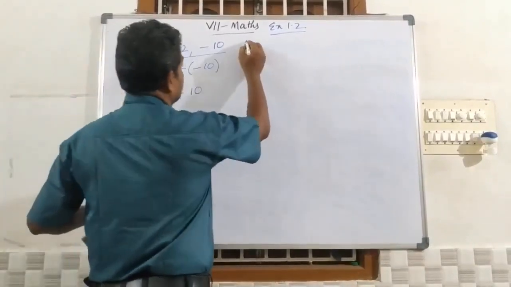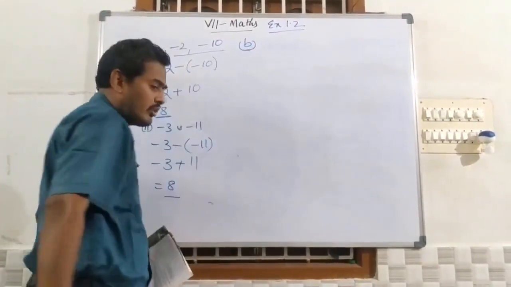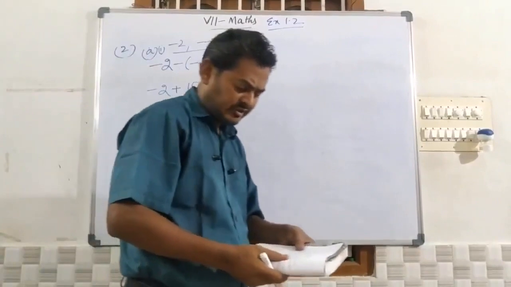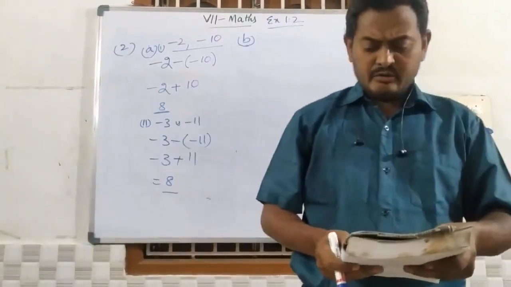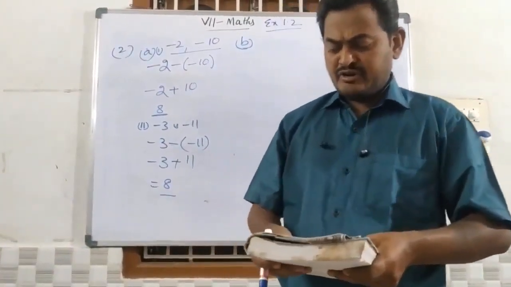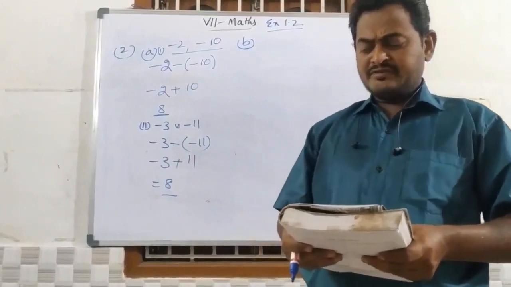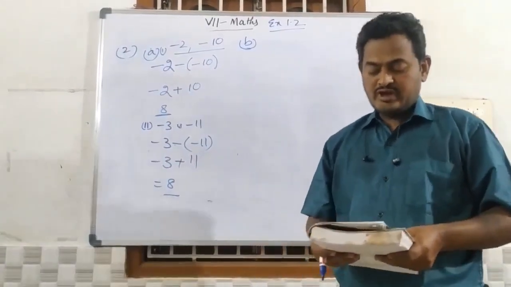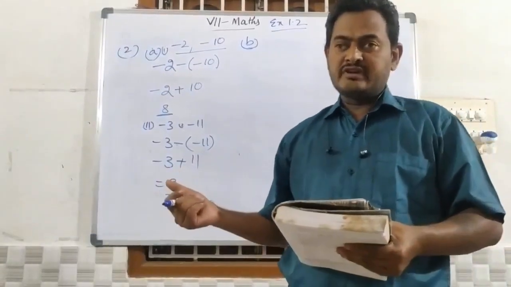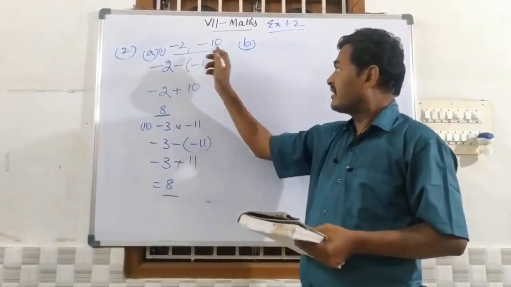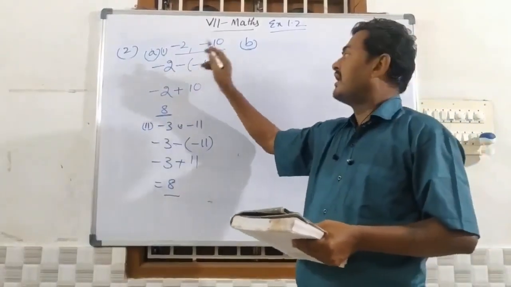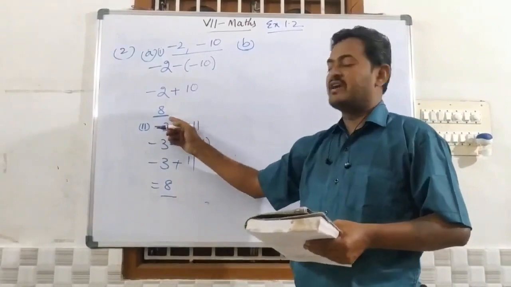And there is another question, the B question. What is the B question? Write a negative integer and a positive integer whose sum is minus 5. In the first question they are asking both are negative numbers and the difference is 8.